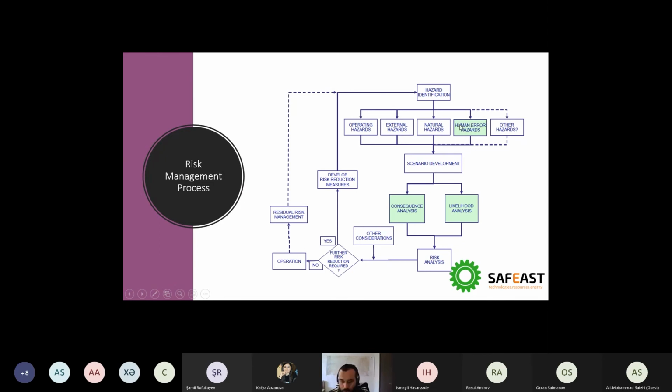People are not perfect, so they are always making mistakes, and these mistakes can contribute to the likelihood. So that's why, same as doing fault trees and event trees to understand equipment failure, we need to equally consider the failure of humans, like human error frequencies.